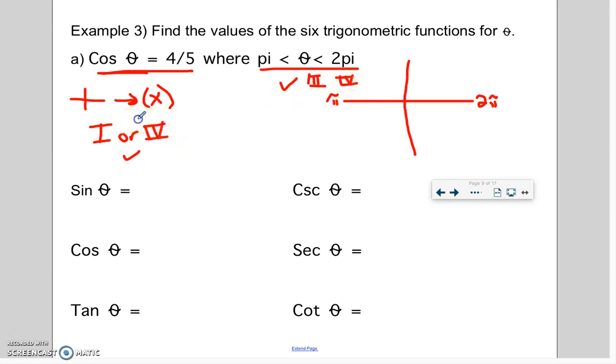So the overlap is quadrant 4. That's the only way that the restrictions will meet this as well as the cosine relationship. That tells me that my angle is going to be going down this direction and my reference angle is going to be right there because it goes from the terminal side back to the x-axis. And it's always between 0 and 90.